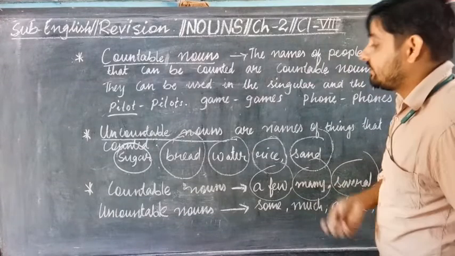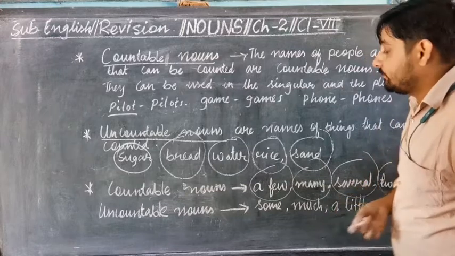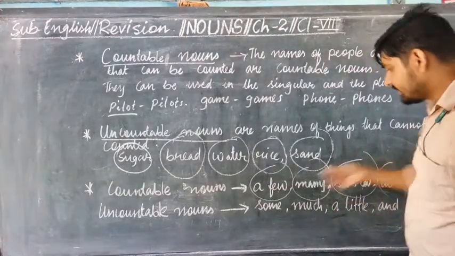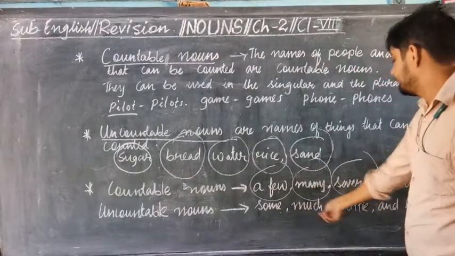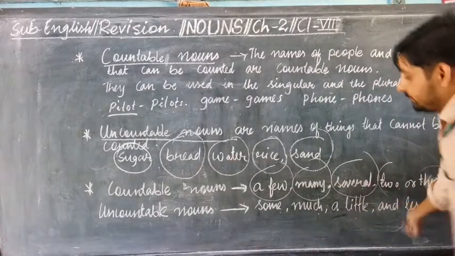These are the words we can use only if the nouns are countable. And in uncountable nouns, we can use some, much, a little, and less.